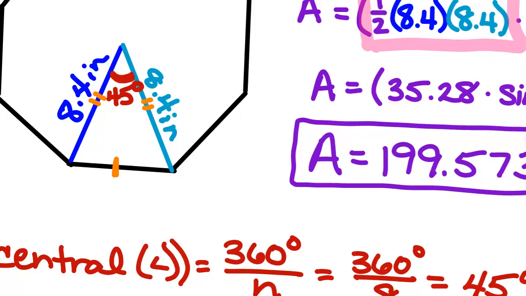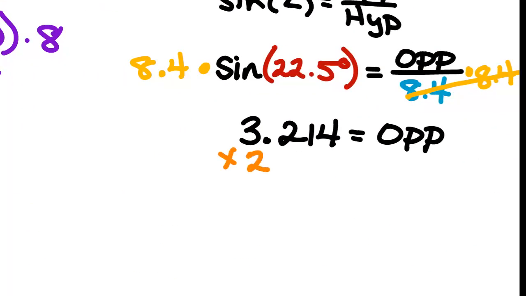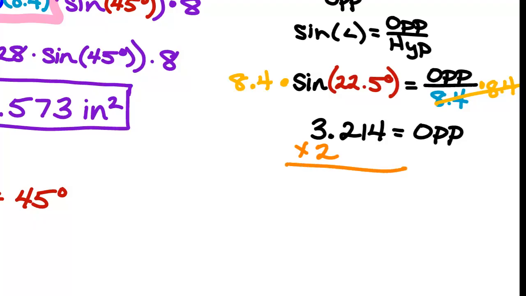That's only giving me from here over. That's this 3.214. I need that whole side. So what do I need to do to this 3.214 to get the whole thing? Multiply it by 2. So times that by 2. And that would be how much? 6.428. This is my side.